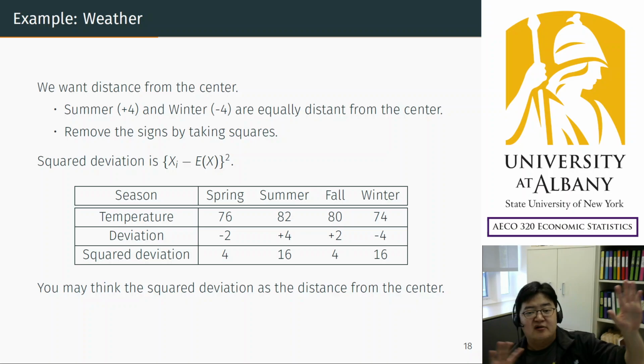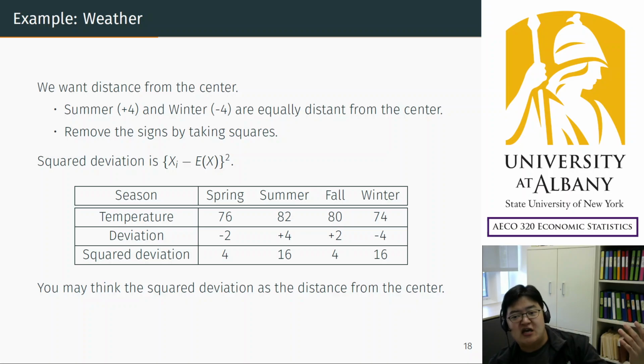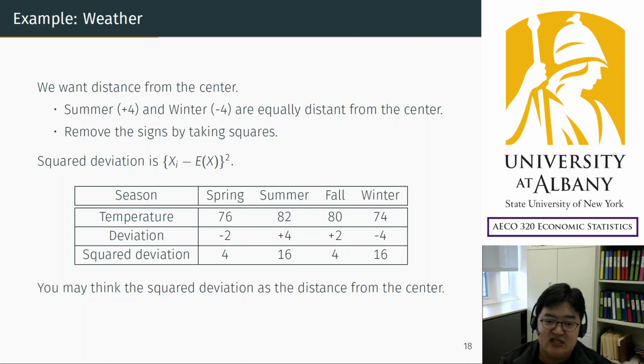Plus 4 and minus 4 have opposite directions, but basically they are at the same distance from the center, right? To capture this characteristic, this distance, we are going to square the deviations, and I'm going to call that the squared deviation, right?